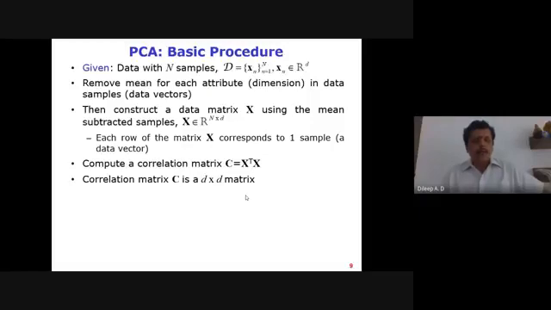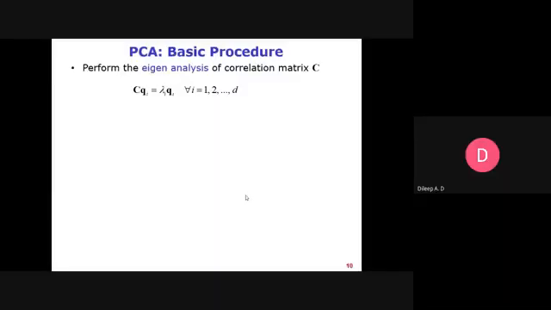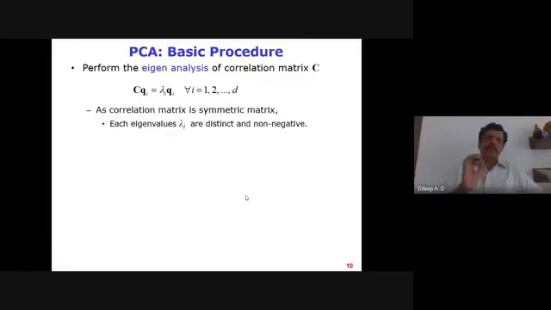We perform an eigen analysis on this correlation matrix, which is a square d cross d matrix. What I'm going to get is d eigenvalues, lambda, and d eigenvectors corresponding to those eigenvalues. The important information here is that the correlation matrix C is symmetric.